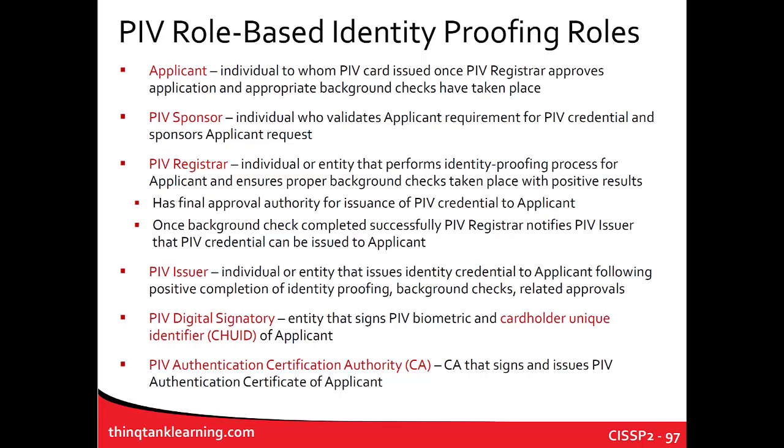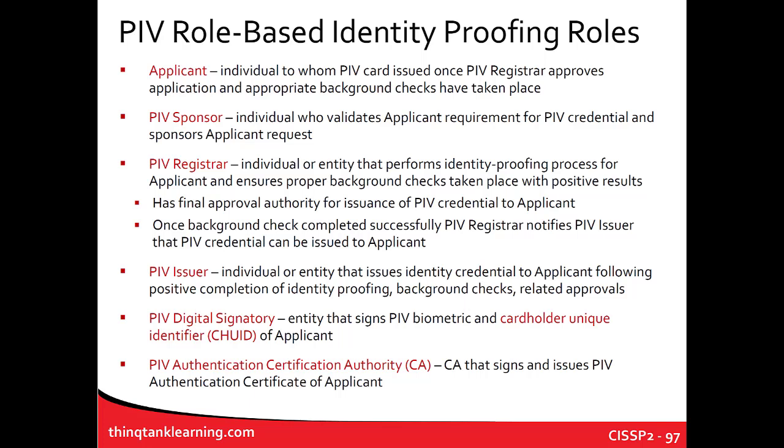So these are some of the defined identity proofing roles. I doubt again that you'll see this on the exam, but we'll go through it really quickly and wrap up this video. The applicant is obviously who's requesting the PIV credential. They're the ones that have to undergo the identity proofing and the background checks, and that credential is issued only after the PIV registrar approves it based on the identity proofing.